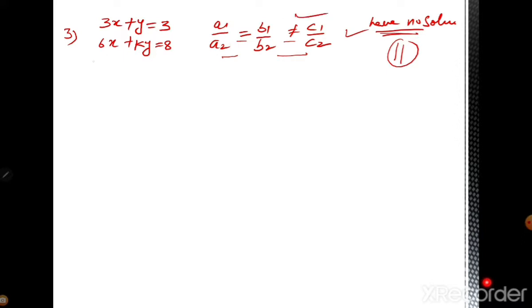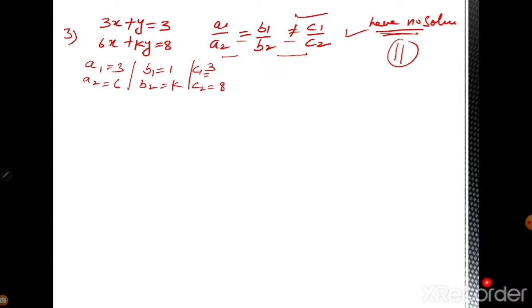We can write: your a1 is 3, your a2 is 6, your b1 is 1, your b2 is k, your c1 is 3, and your c2 is 8.